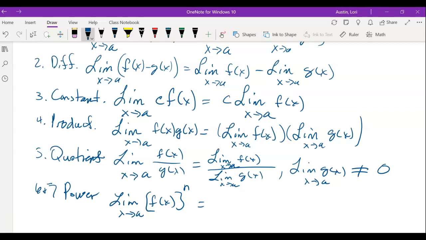Okay? In other words, you can do the limit as x approaches a, and then raise it to that power or to the root.